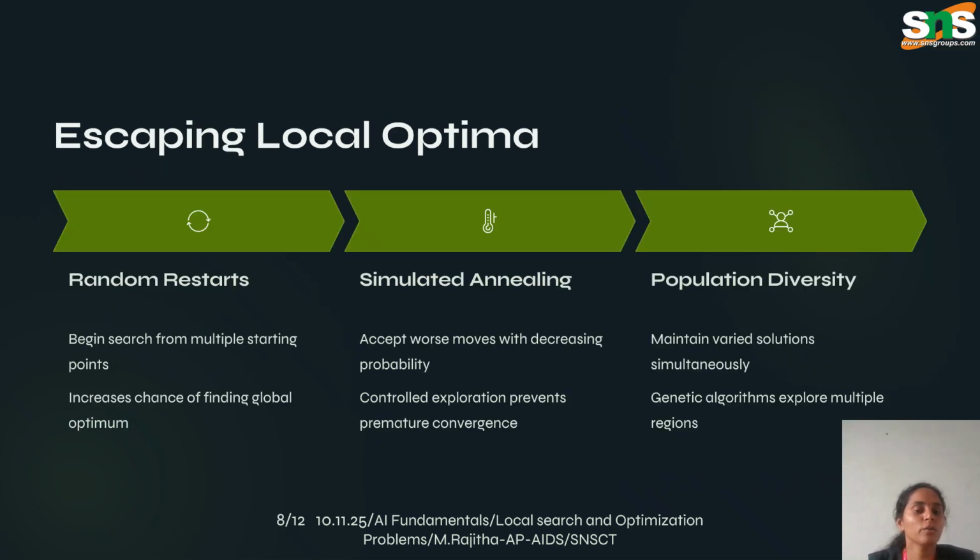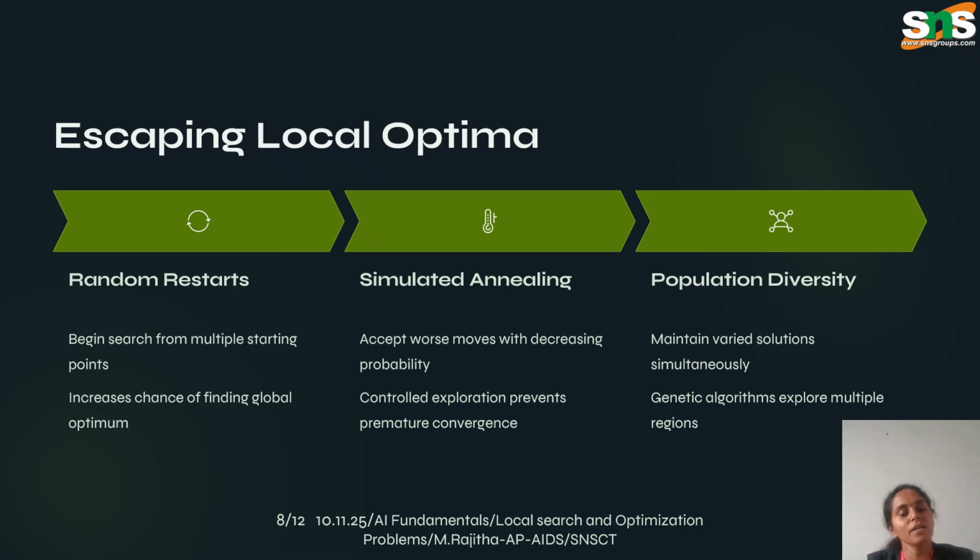So, escaping local optima: introduce strategies to overcome the local trap problem. Random restart: try different starting points. Some runs may reach the global best. Simulated annealing allows occasional downhill moves early on to escape traps.